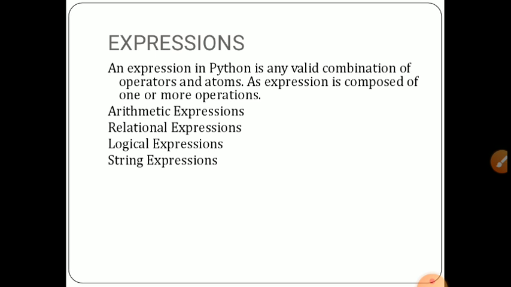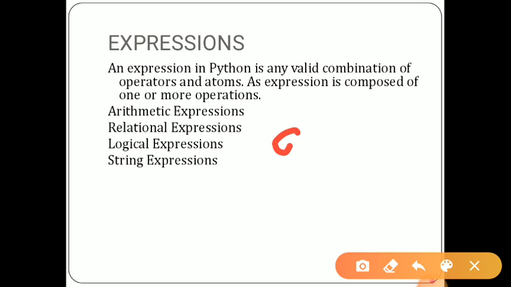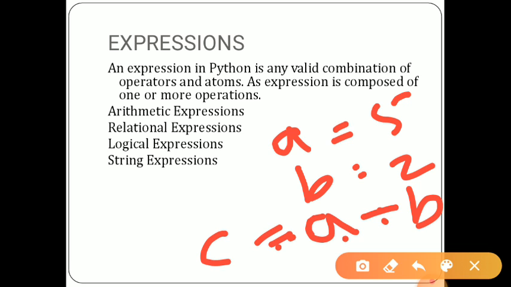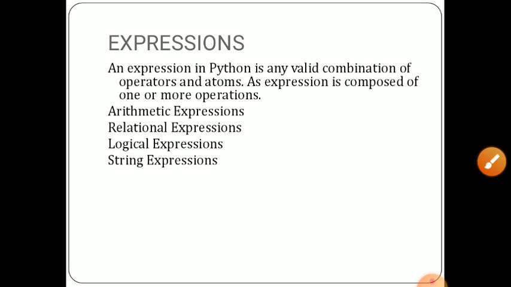If I give a equal to 5, b equal to 2 and c equal to a plus b, here this is called an expression that operates on atoms.